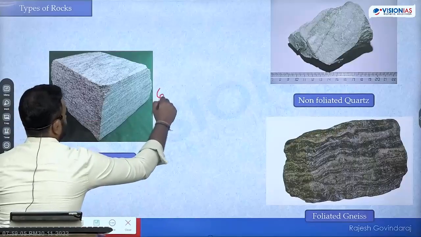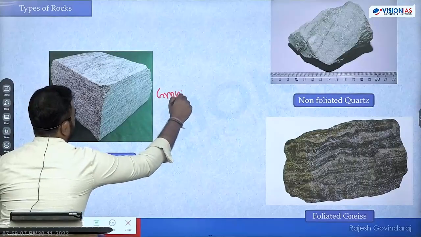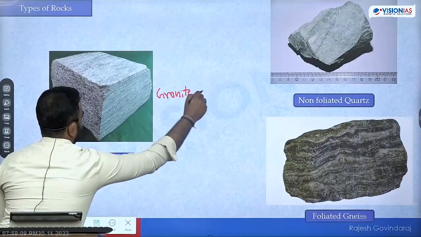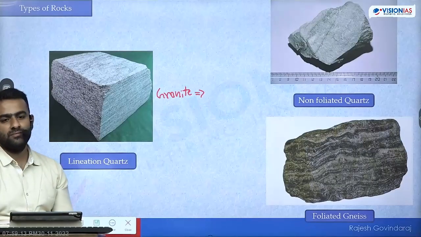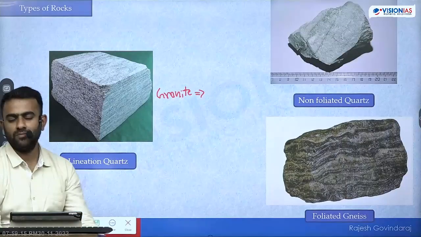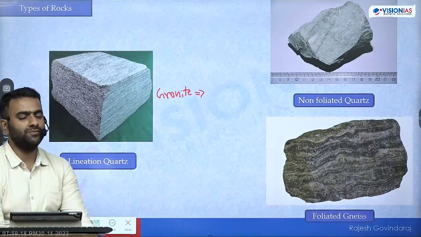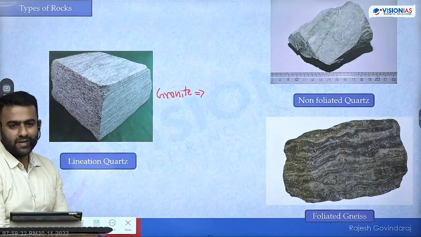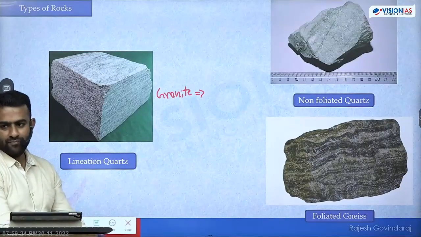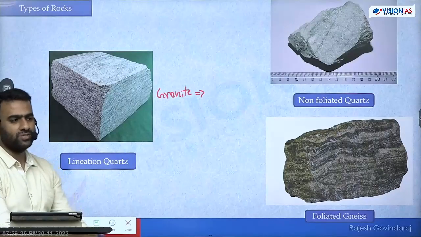Examples इंपॉर्टेंट है, इसके ऊपर डायरेक्ट क्वेश्चन आ सकते हैं. So I told you granite is an igneous rock. Which type of igneous rock? Intrusive igneous rock. So there are higher chances that the granite becomes metamorphic rock. Intrusive है, अंदर है, temperature pressure तो change होगा कभी भी.